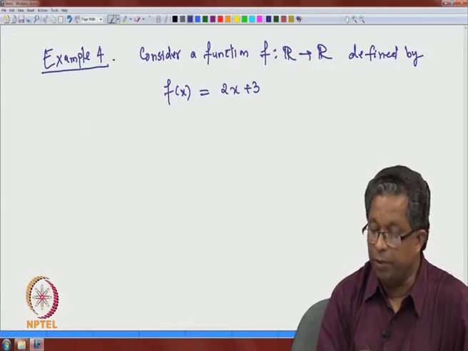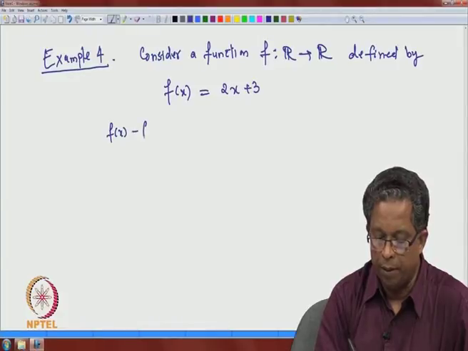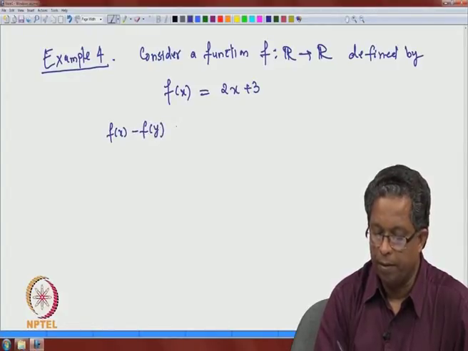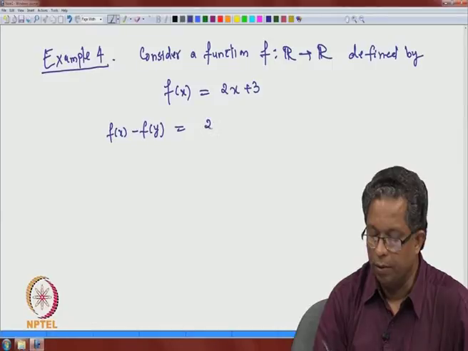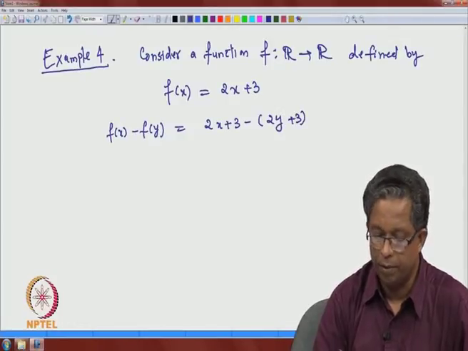We check the Lipschitz continuity of this function. f of x minus f of y is 2x plus 3 minus 2y plus 3.